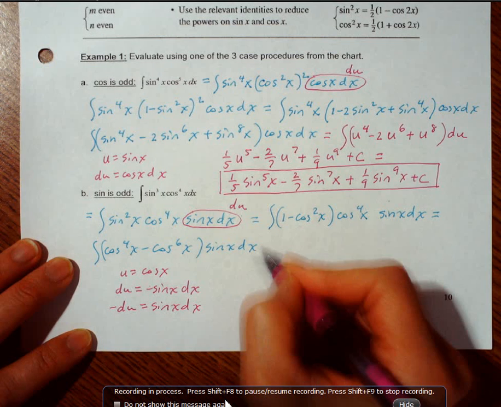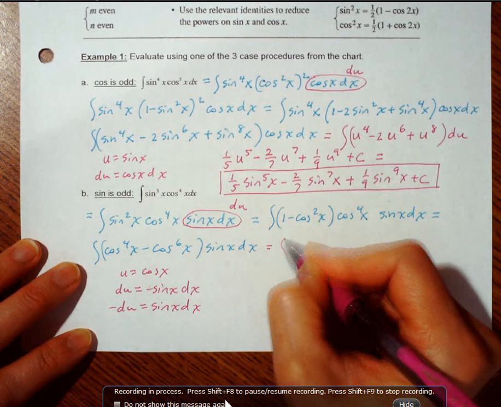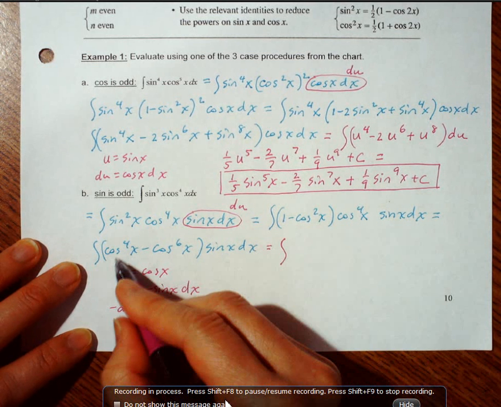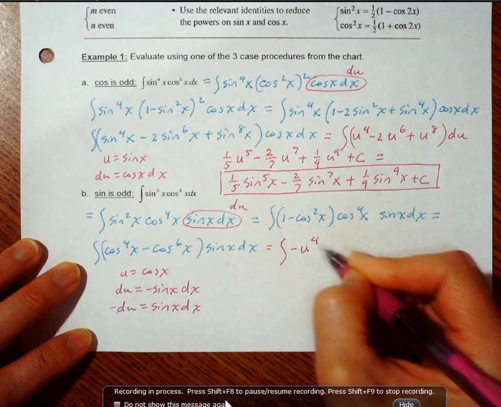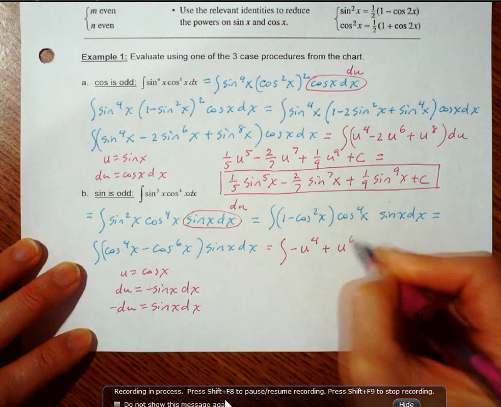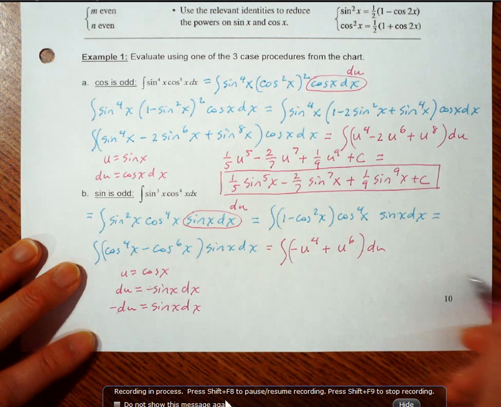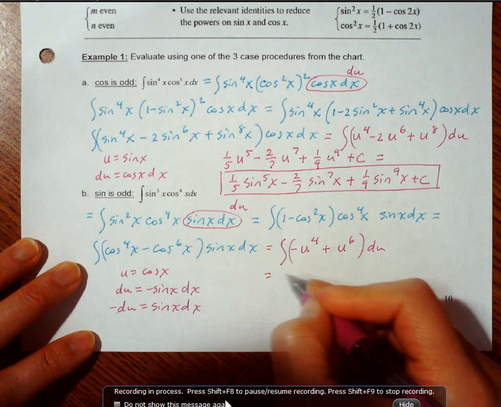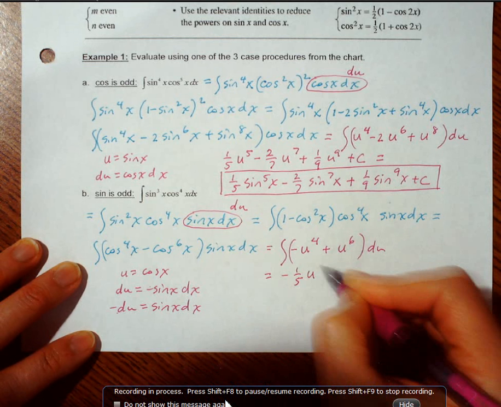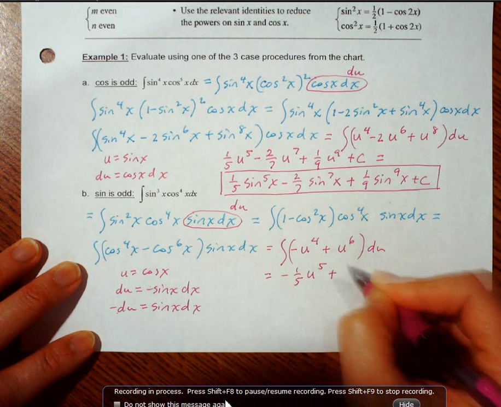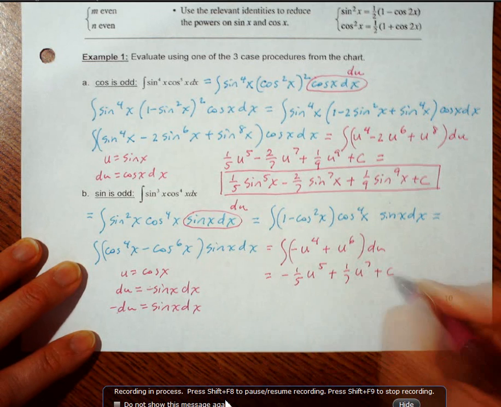Now do my u sub. So that'll be the integral, and my signs will change since I have a negative there. So it's negative u to the 4th plus u to the 6th du. Do the integration on that: negative 1/5 u to the 5th plus 1/7 u to the 7th plus c.